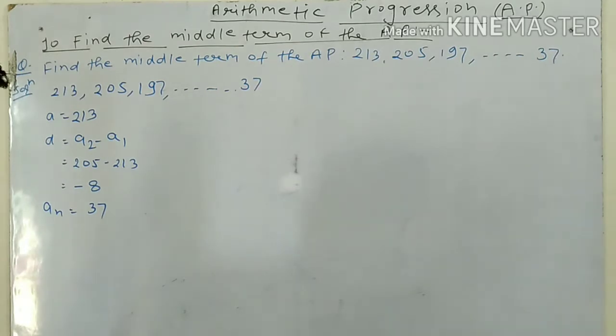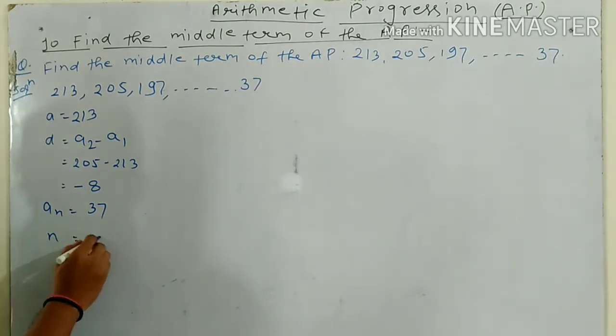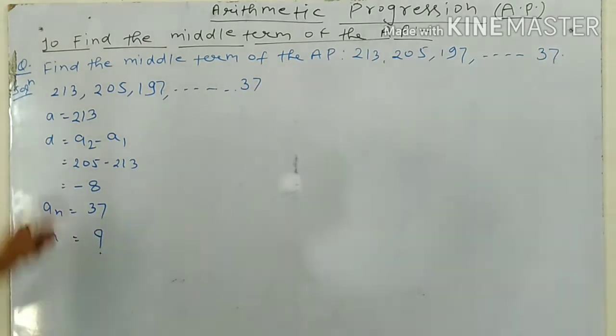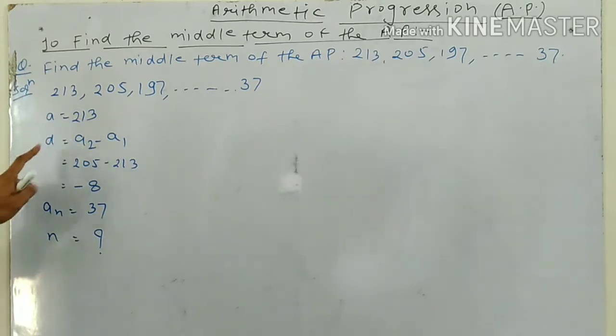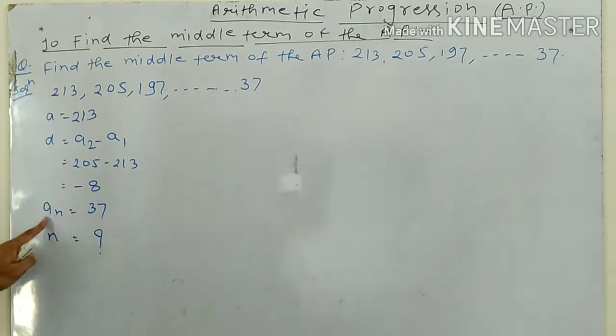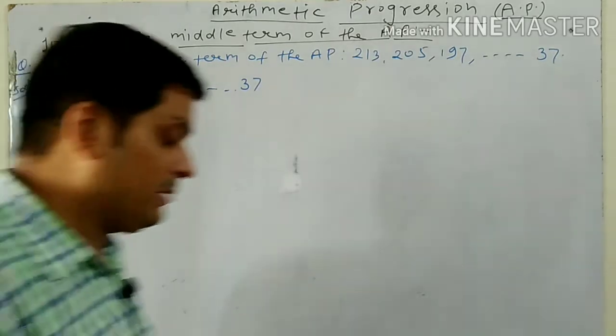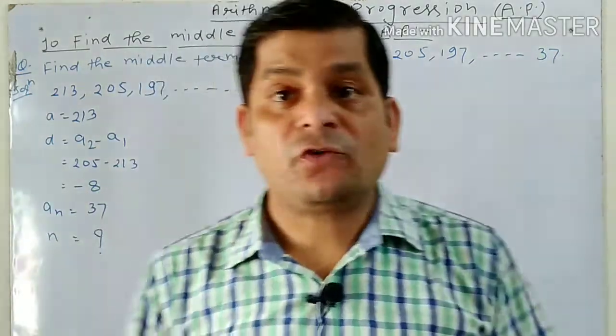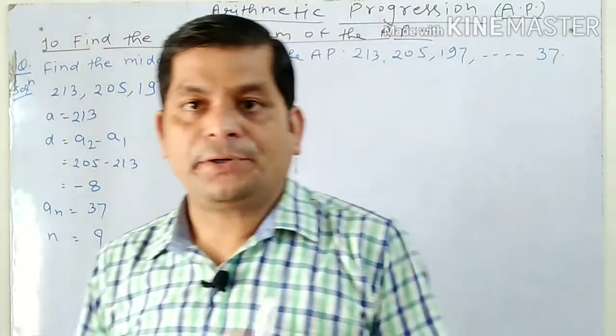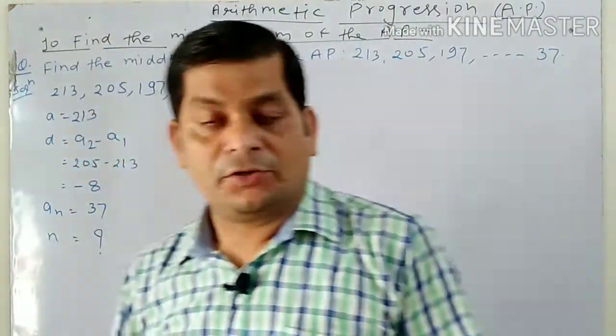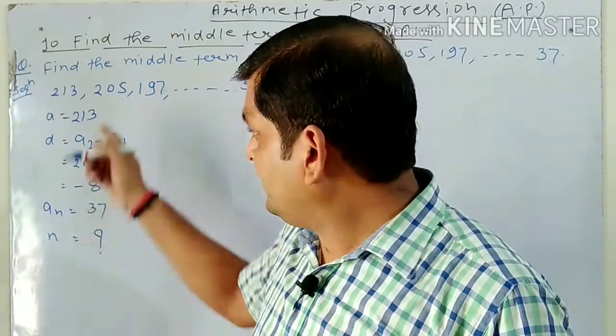So what do we have to find? n. We have a is 213, d is minus 8, an is 37, and we have to find n. Now one problem can come: which formula can be used here? Every time, most students get confused about which formula to use.